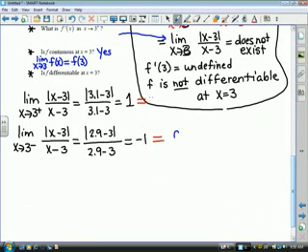This is f prime of 3 from the left, and this one is f prime of 3 from the right. They are different, aren't they? Hence, not differentiable. No derivative. Not differentiable just means there's not a derivative there.